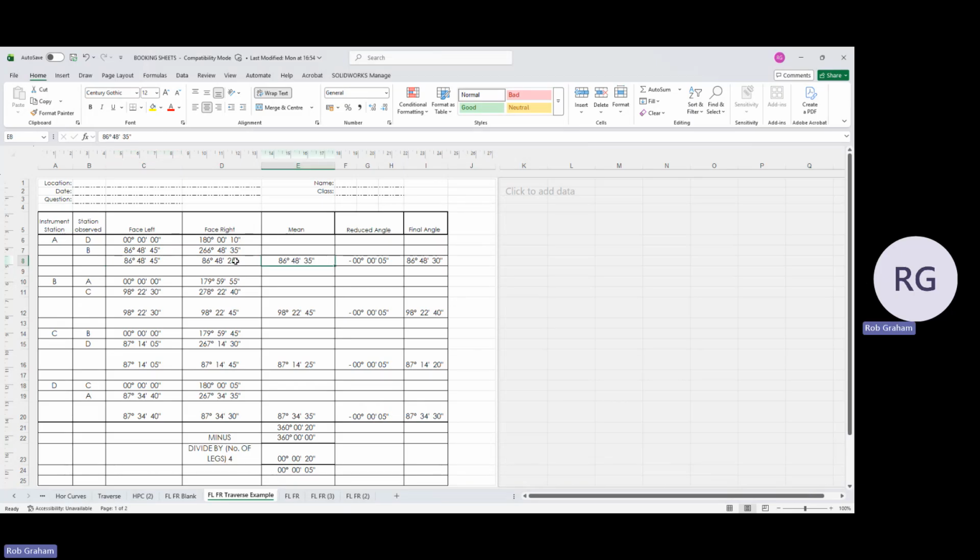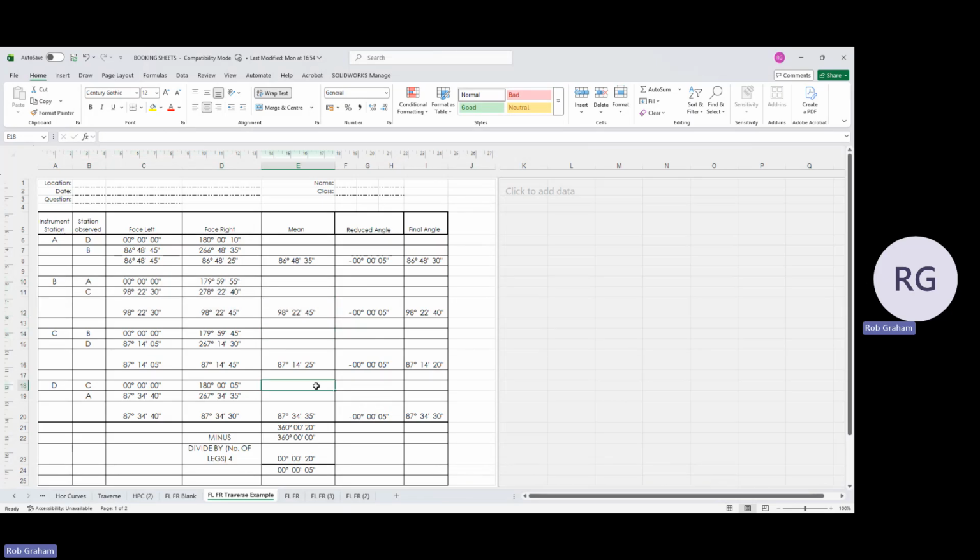You can do some mental arithmetic: the only variation is in the seconds here, so the mean between 25 and 45 will be 35. And it's a repetitive process down. Once you get the mean of that one worked out, you move on to B, C, D, or E, or whatever, and we come up with 4 mean figures.